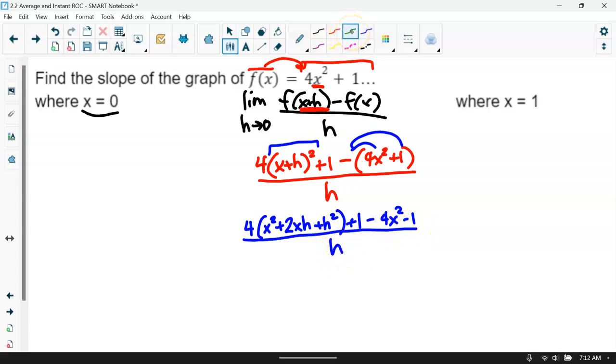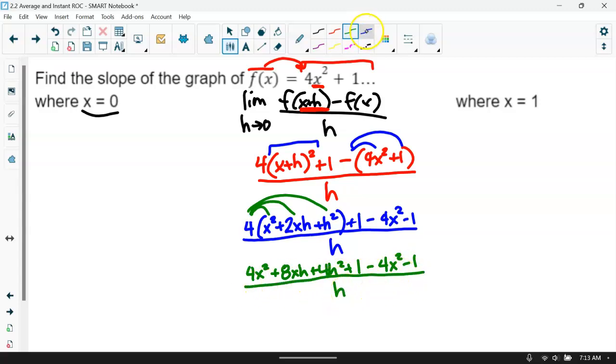Here we go. So now I can distribute. So this is 4x squared plus 8xh plus 4h squared from distributing the 4, plus 1 minus 4x squared minus 1 over h. Now here, I've got 4x squared minus 4x squared, canceling out. I also have 1 minus 1, which is 0, canceling out.